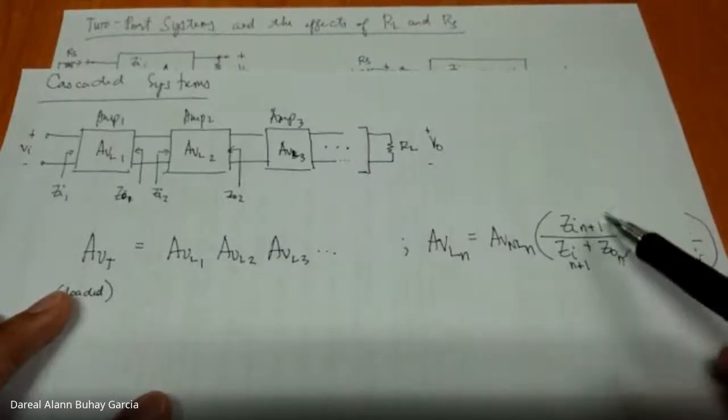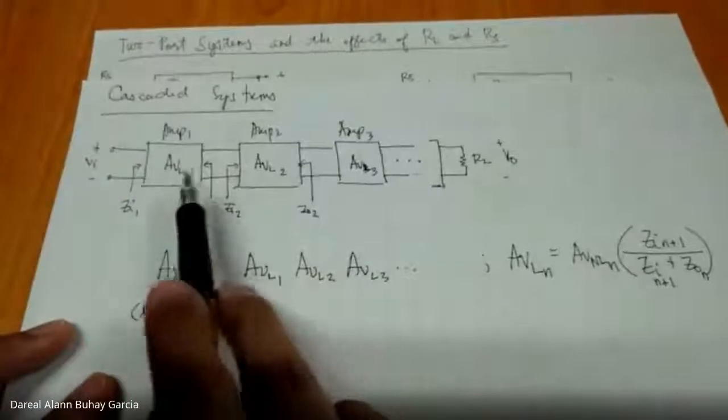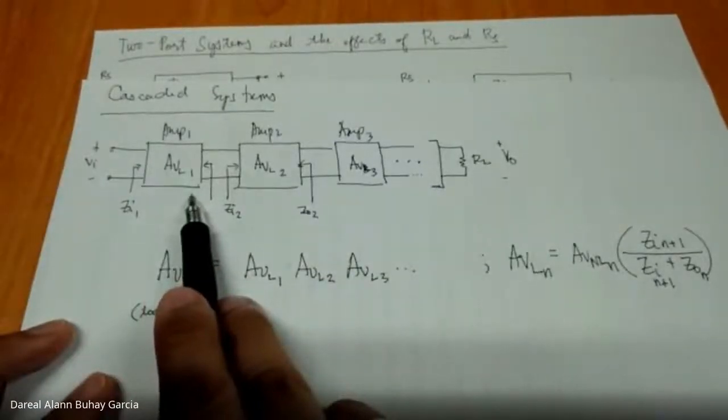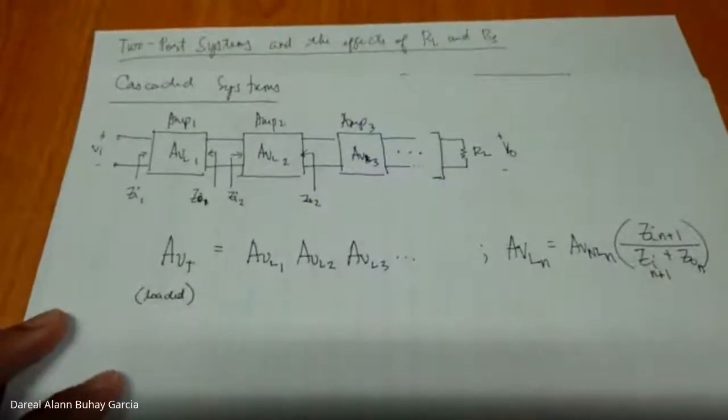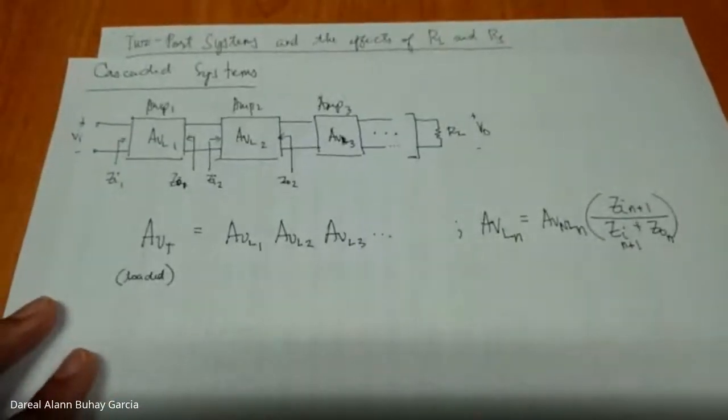The load of our amplifier is the input impedance of the next amplifier. So that's it, there is no further formula to explain.